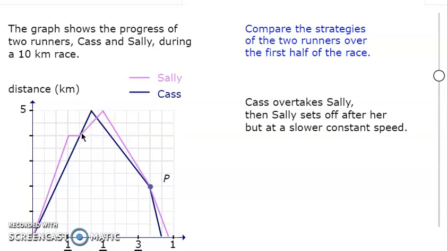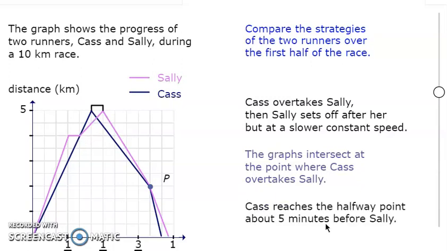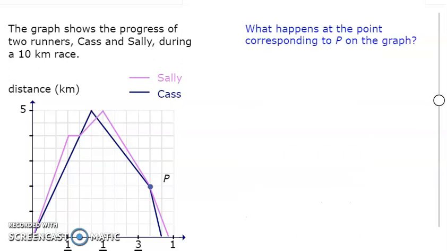Sally is slower because if you notice the graph, Cass is at a higher speed. The graph intersects at the point where Cass overtakes Sally. At this point, they overtake. Cass reaches the halfway point about 5 minutes before Sally.